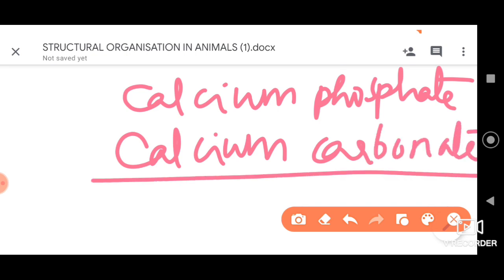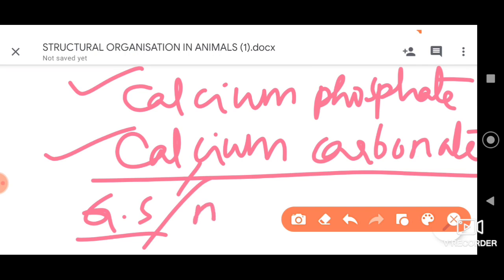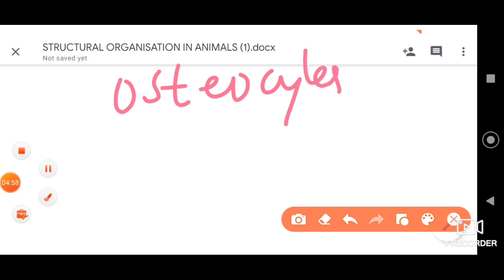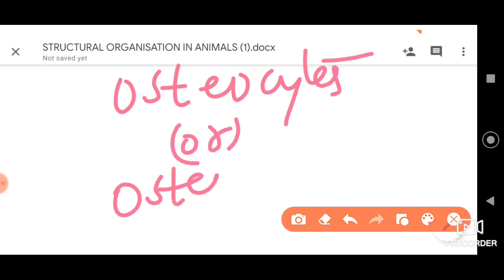It is the ground substance, or to make you understand, we can also say the matrix. So these cells, the bone cells, we call them osteocytes, or you can also call the bone cells osteoblasts.